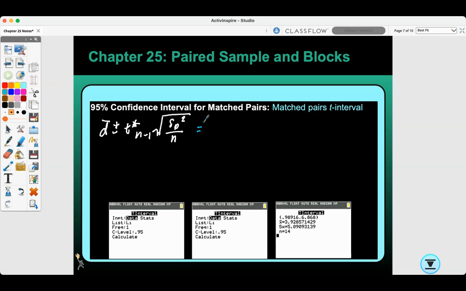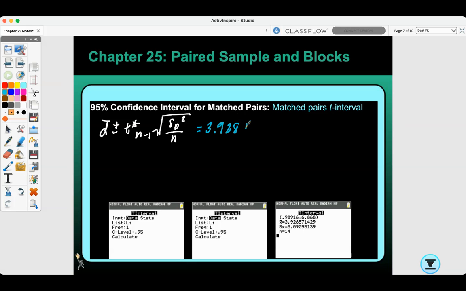You want to plug in the information. So x bar would be 3.928. And then t star you'd find on your table, or you would use your calculator for inverse T, because you have your degrees of freedom, which is 13 because it's n minus 1. And you would get 2.16.